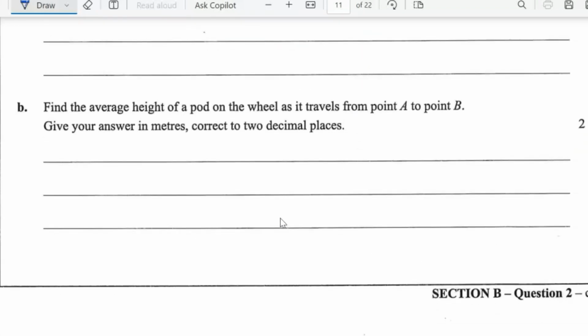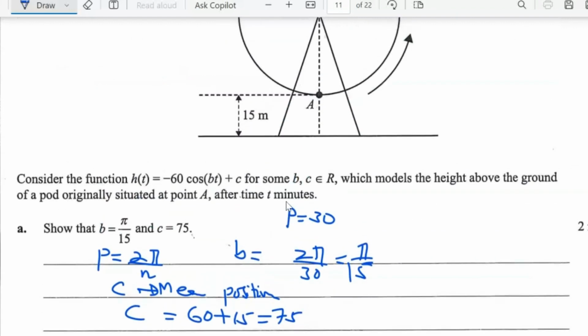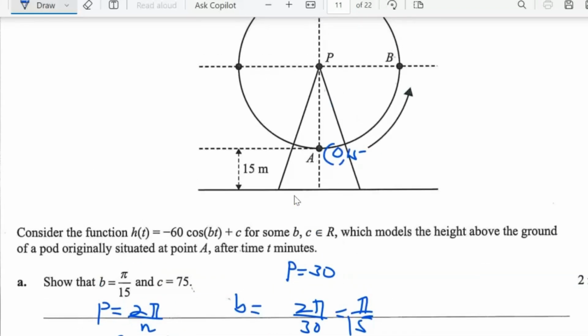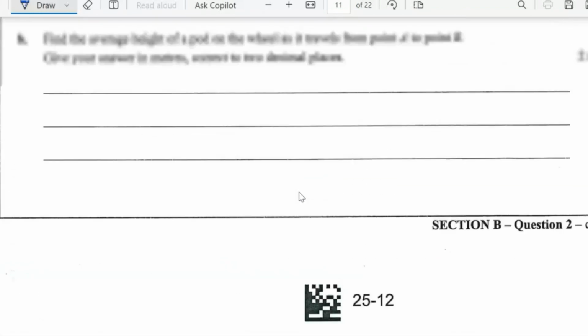Find the average height of a pod on the wheel as it travels from point A to point B. So point A is actually (0, 15). And point B will be half of that. So that's going to be 7.5 on the time axis. And we want to find out the average height.